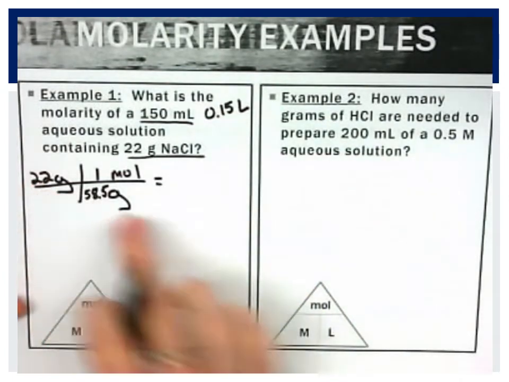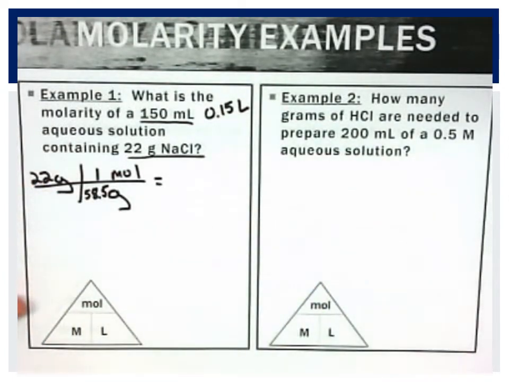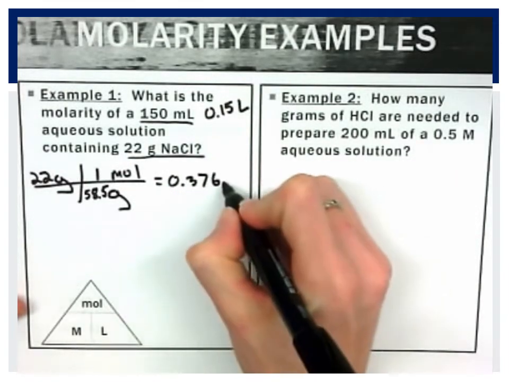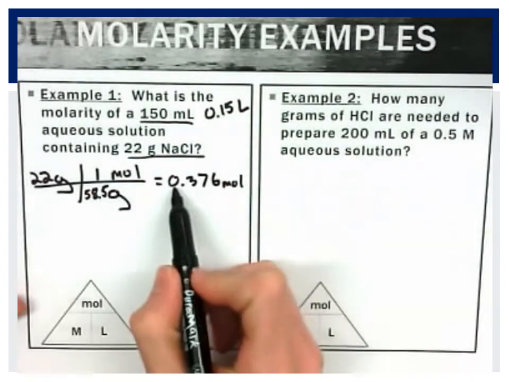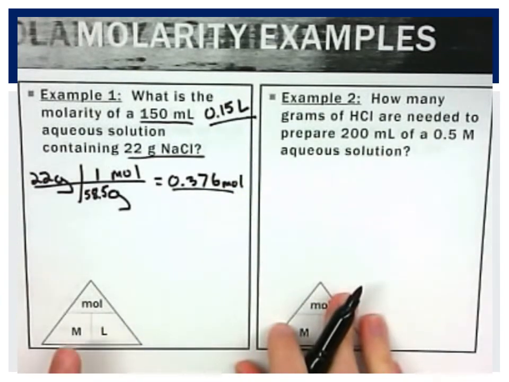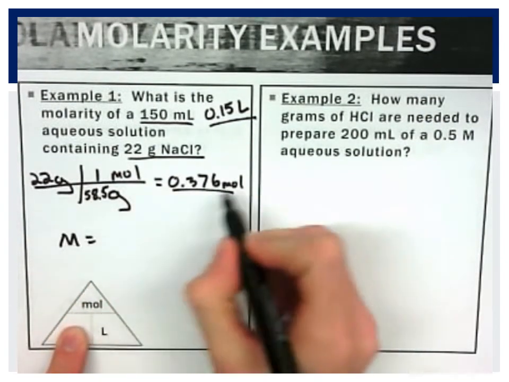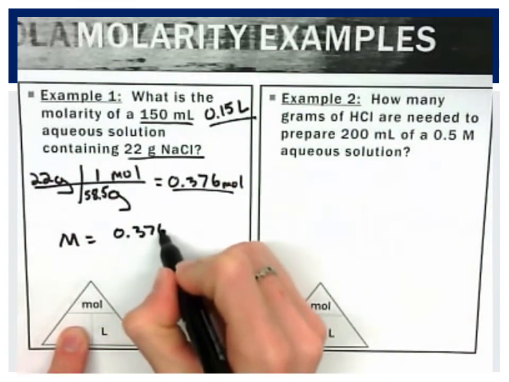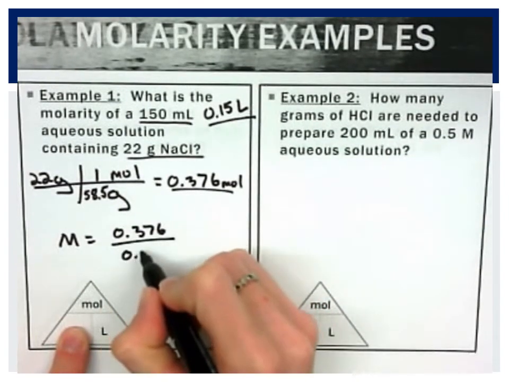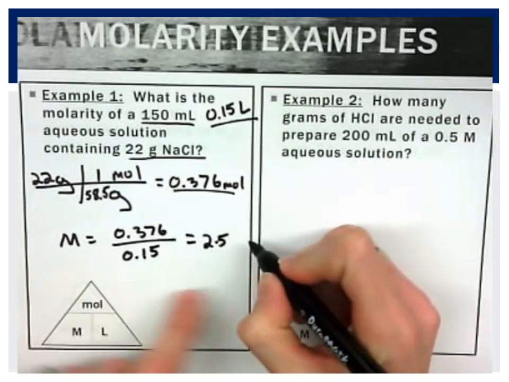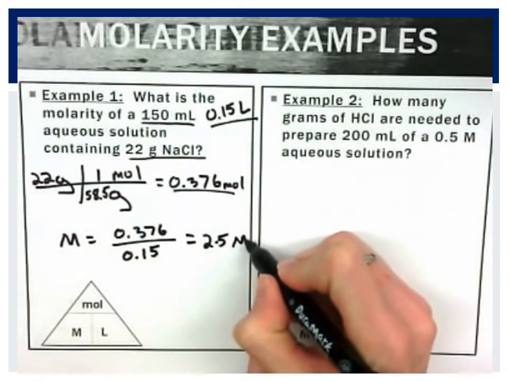Okay, so if I divide 22 by 58.5, I get 0.376 moles. Okay, now I have moles and liters. I can apply my definition of molarity. Molarity is moles divided by liters. I get 2.5, and then we say molar with a capital M.